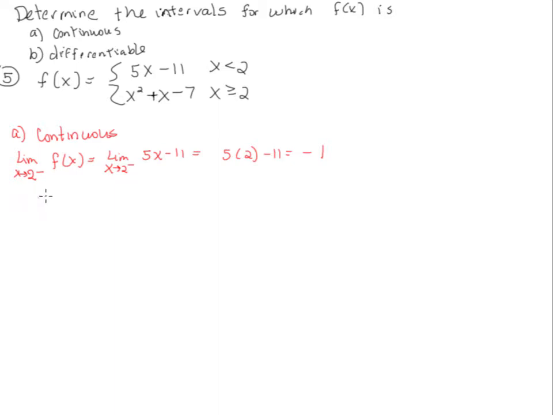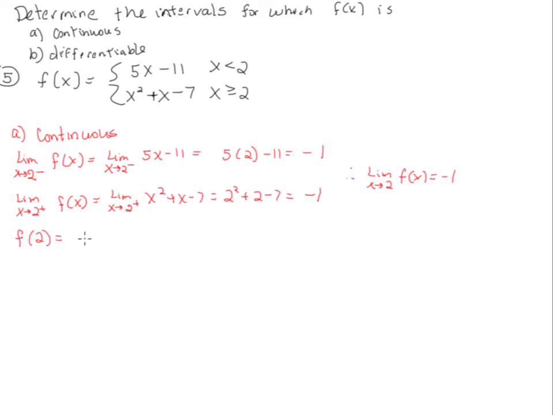Here I found the limit as x approaches 2 from the left is negative 1. The limit as x approaches 2 from the right is also negative 1. Therefore, the limit as x approaches 2 of f of x is negative 1, so the limit exists at that point of division. Next, the function value at 2 is also negative 1. Since my function value equals my limit value, I know it's continuous at 2.